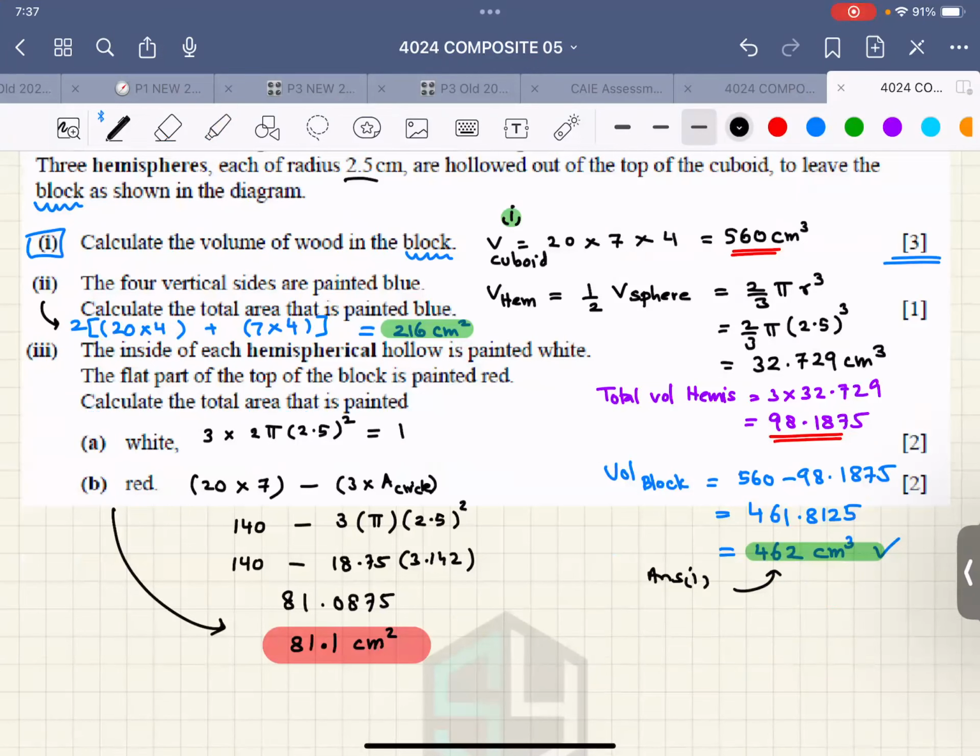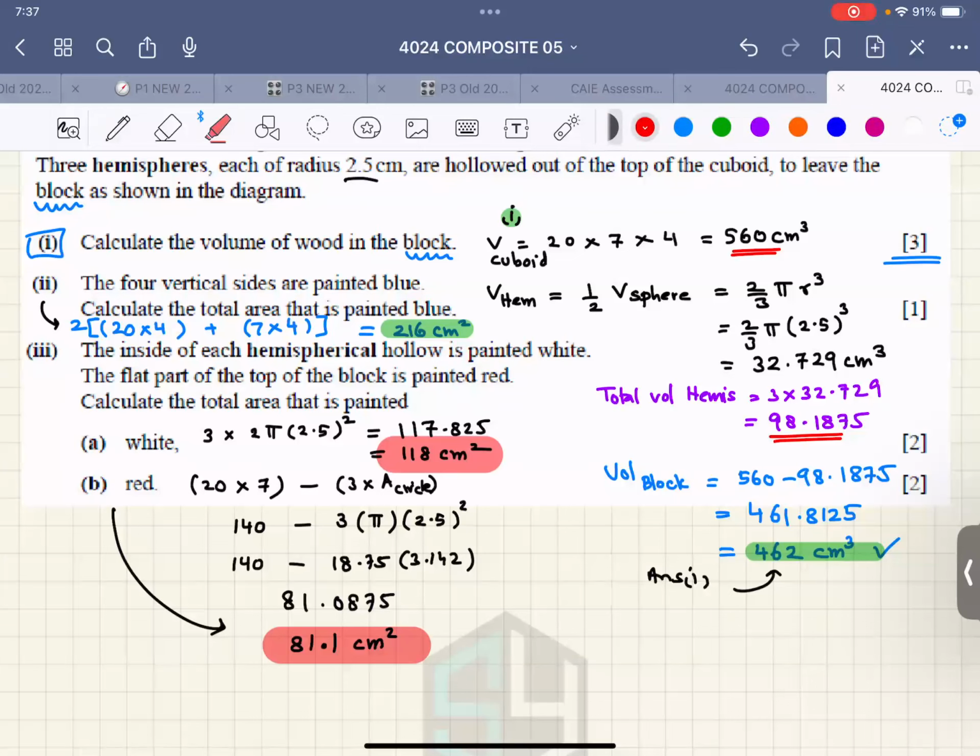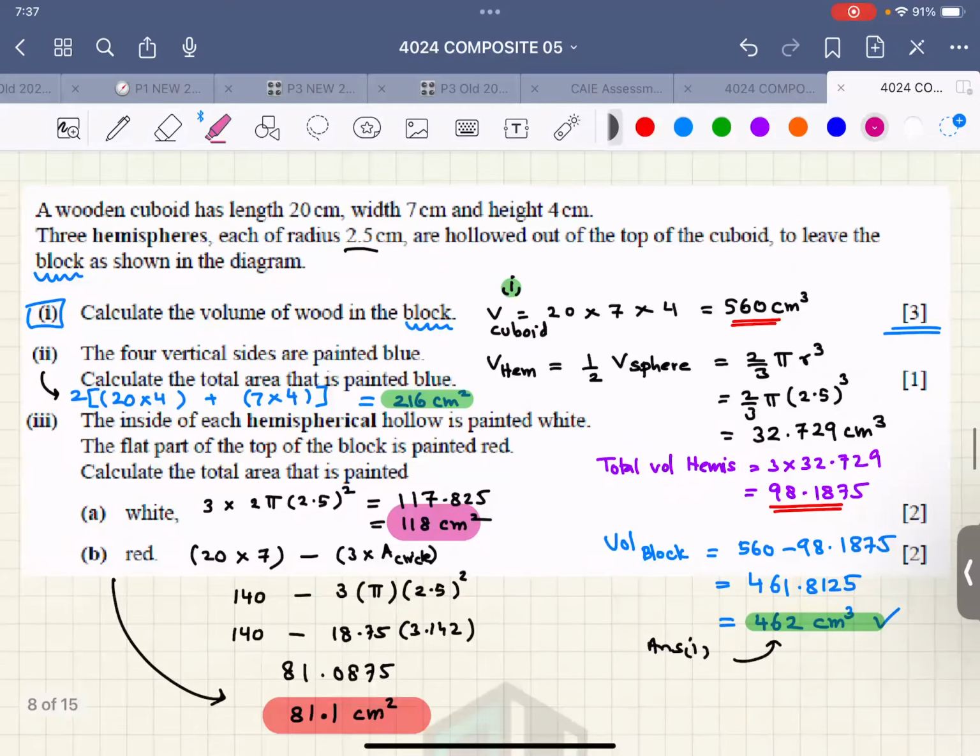That is 117.825. That comes out to be 118 centimeters square. So this is the white color thing that we were talking about. So the white color thing is this thing, not this one. That is like this.